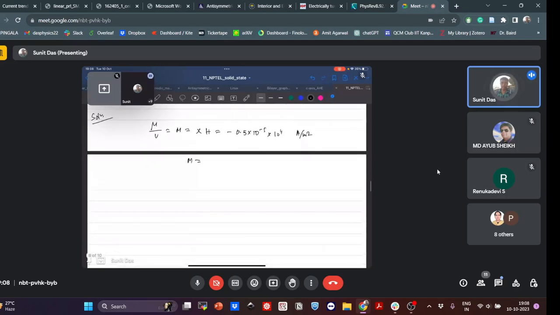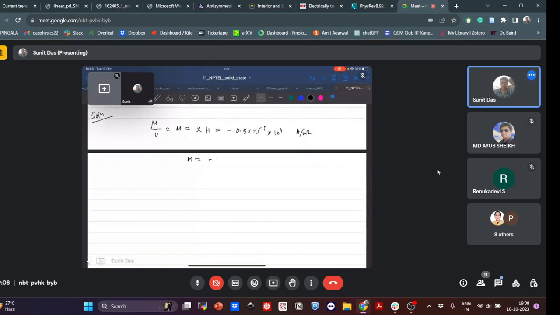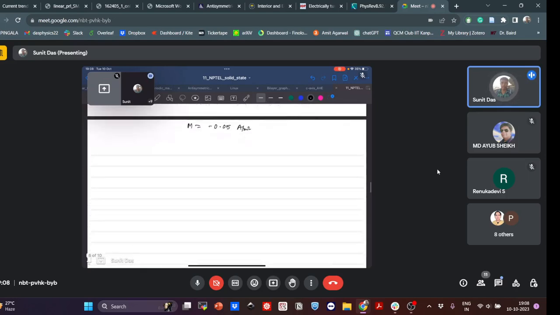So M will be minus 0.05 ampere per meter.